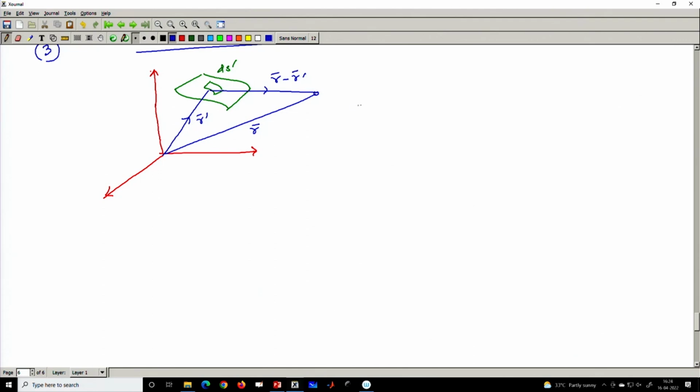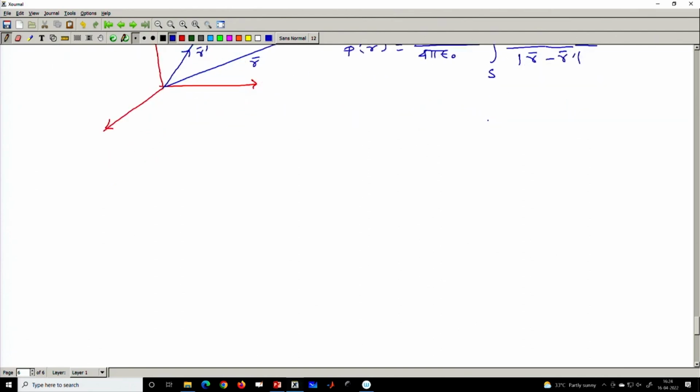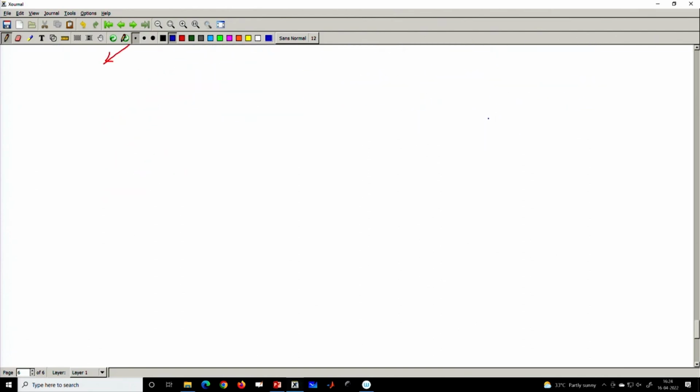The potential here for this kind of distribution, phi at R, is 1 by 4 pi epsilon 0 integration of sigma, which is the surface charge density, ds prime over the magnitude of R minus R prime, over the surface charge integration.